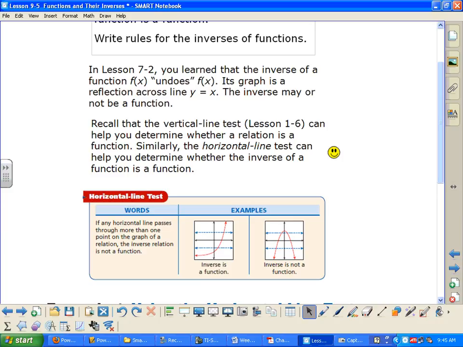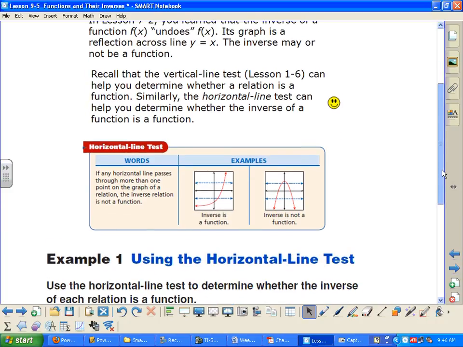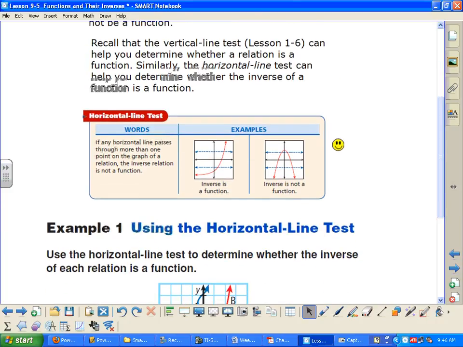If it's a function, because if it intersects more than one point, then the relation is not a function, okay. But when we do the horizontal line test, if it intersects more than one point horizontally, then the inverse would not be a function. So vertical line test tells us whether it's a function or not. Horizontal line test is going to tell us whether the inverse is a function or not.